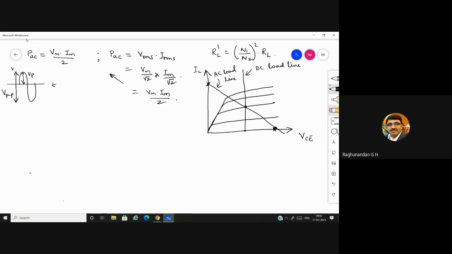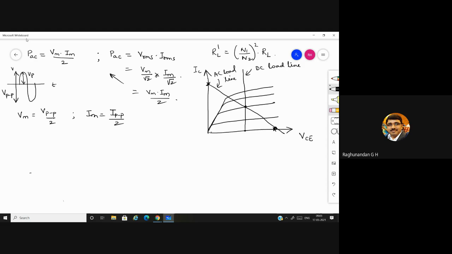Now, here it is Vm Im by 2. So can I write Vm as V peak to peak by 2 and Im as I peak to peak by 2?